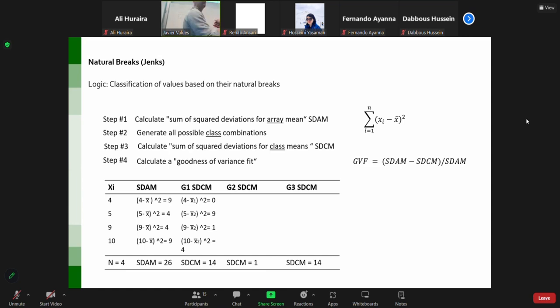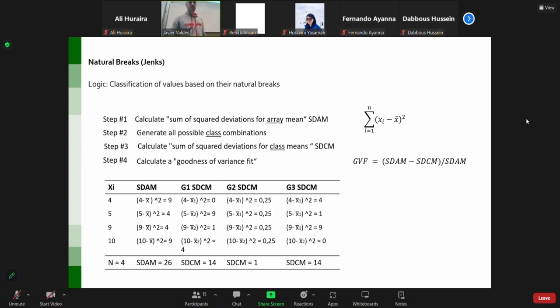The sum of everything is 0.25, right? And if we continue, we will have the same for the third group. The second group is 0.25, 0.25, yeah, right. And for the final option, we will have 4, 5, and 9 inside group 1, and then we'll have only one group for 10.